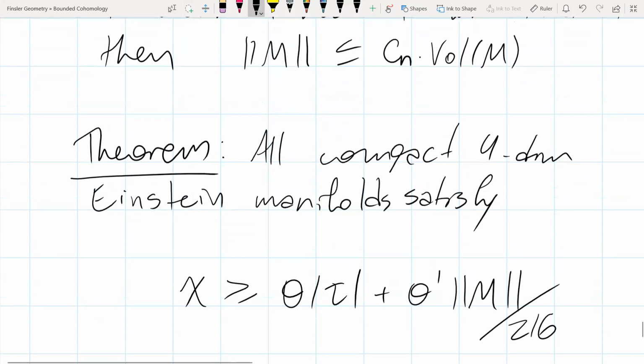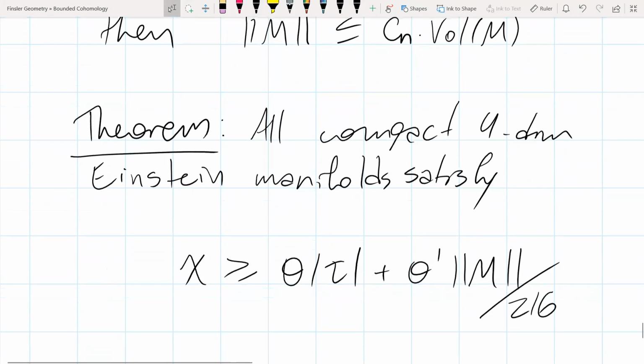This 216 comes from an upper bound for the constant for dimension 4. And theta prime as above.